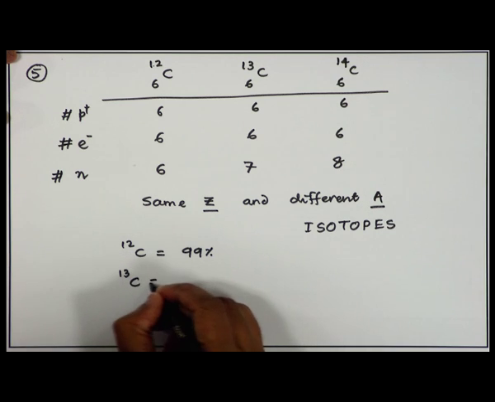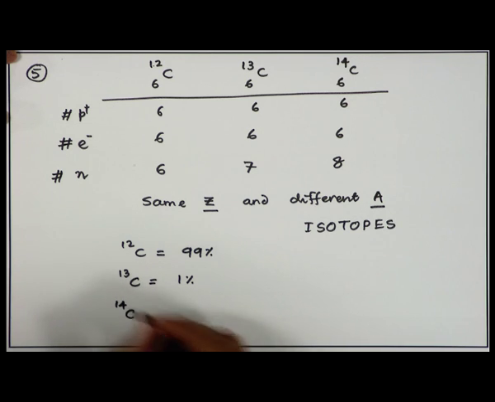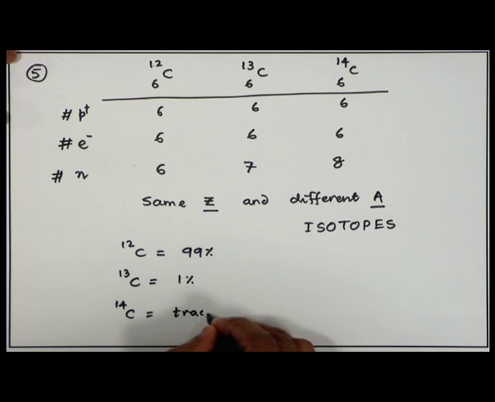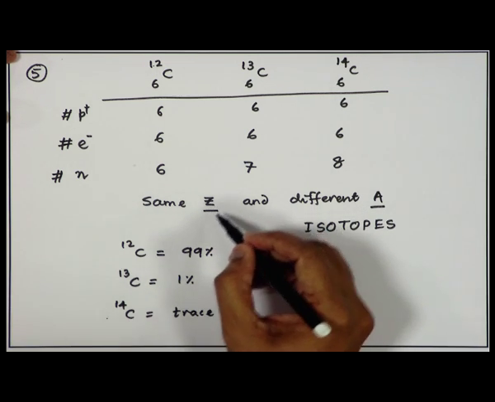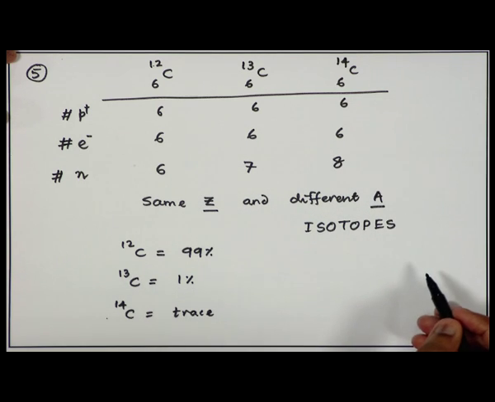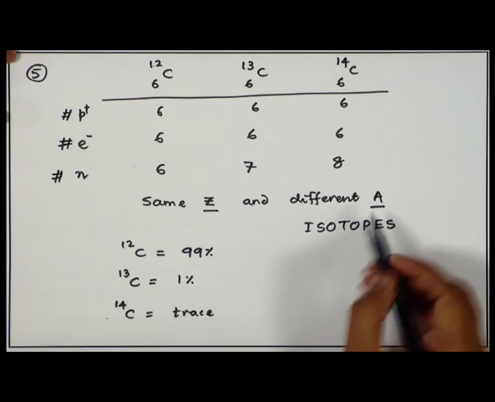Carbon 13 is roughly 1%, and carbon 14 exists in trace quantities. It is a very tiny amount and almost negligible, but it does exist and it has very important properties.